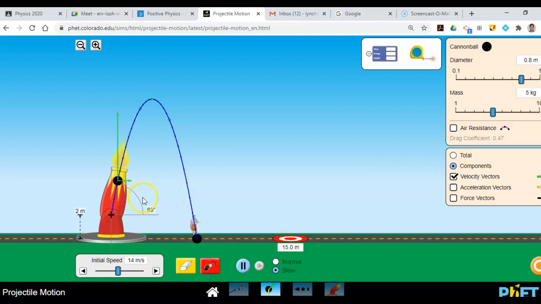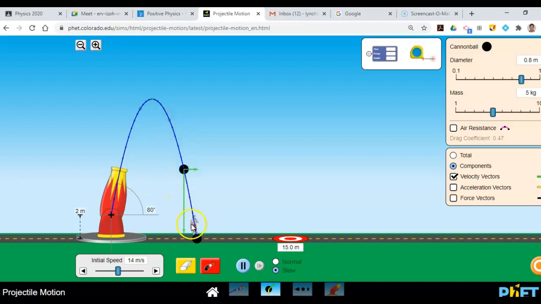Okay, so let's just try that again. Just like when we kicked an object up in the air, it had a large positive velocity that decreased to zero, and then the velocity increased as it returned to the ground. So that component of the velocity is the exact same as we were doing when we shot an object straight up in the air.